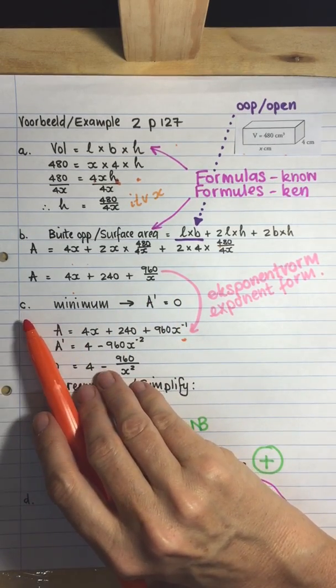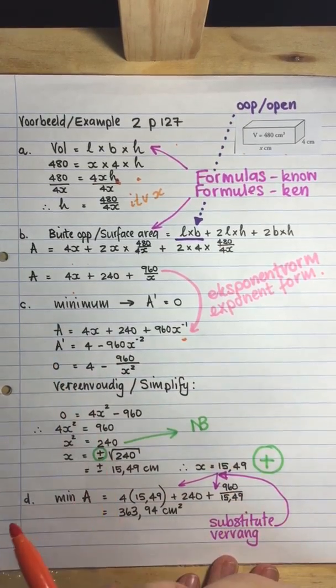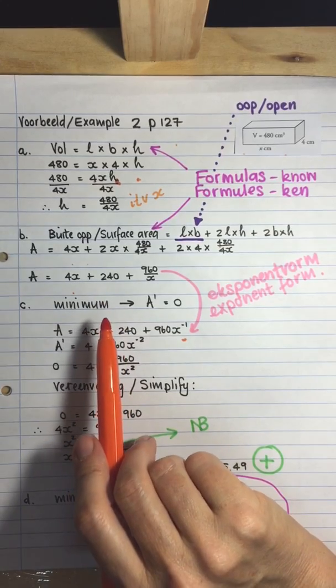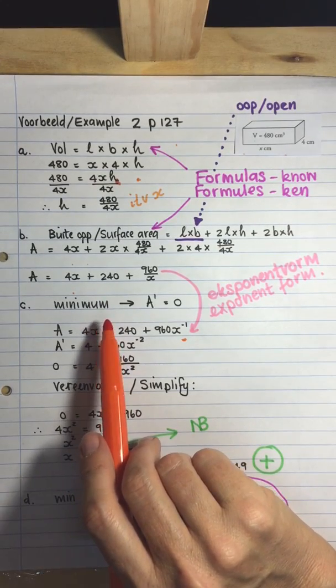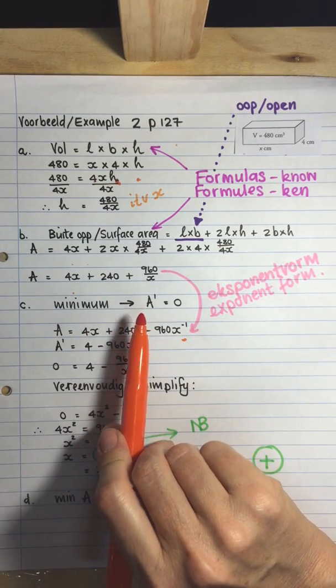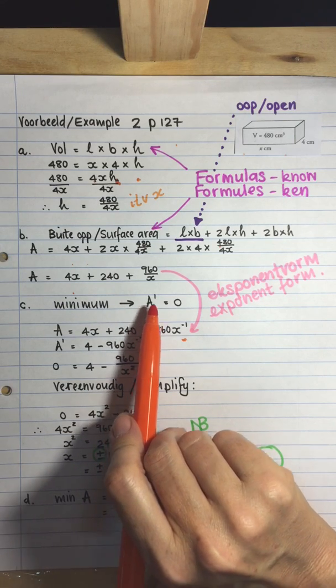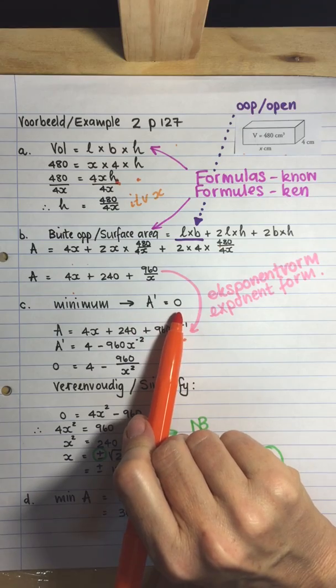The next step, they ask us to calculate a value for x that will make the surface area of the box a minimum value. And we learned in the previous video that we find minimum and maximum values at the place where the derivative is equal to 0.